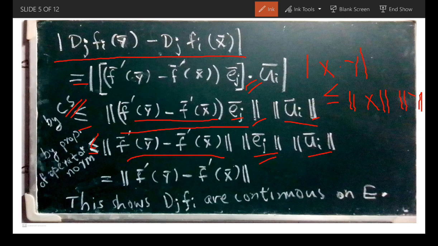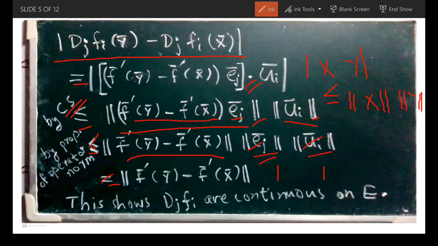But remember, ej and ui are the standard basis for Rn and Rm respectively, so that norm of ej is 1, norm of ui is 1. So finally, this is equal to norm of f dash of y minus f dash of x.